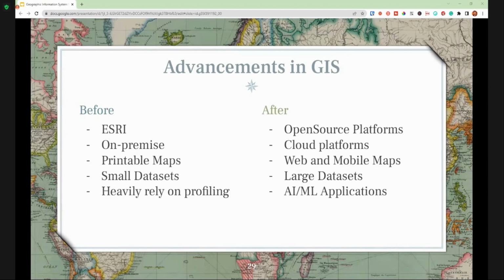And again, before we used small data sets, like kilobytes or a few megabytes of data. But right now, a lot of GIS data sets rely on gigabytes or sometimes even terabytes of data.